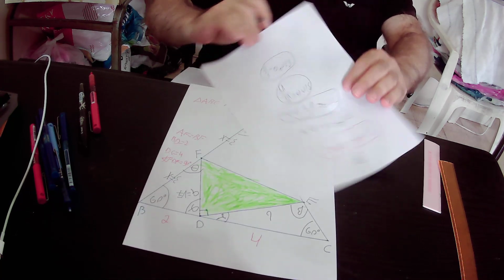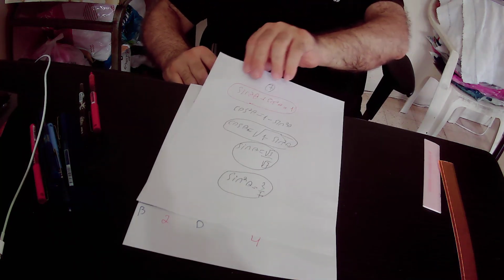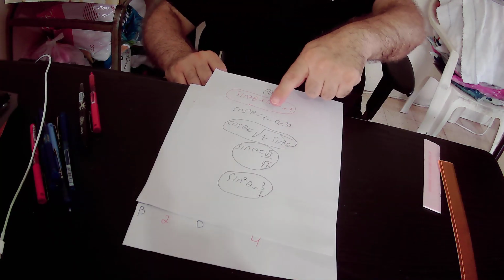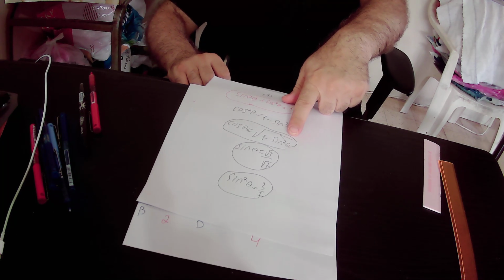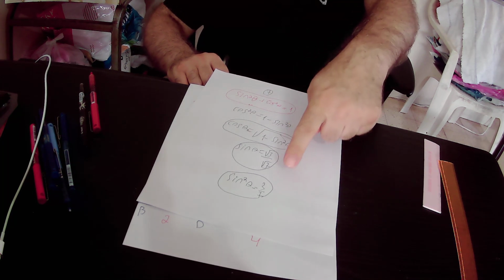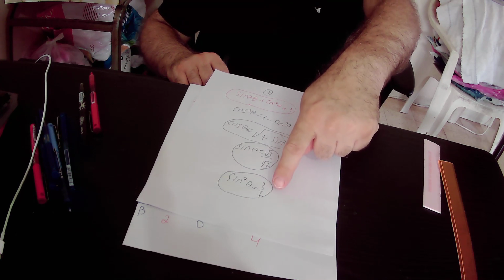So if sine theta squared equals 3 over 7, then we can substitute it into this equality.